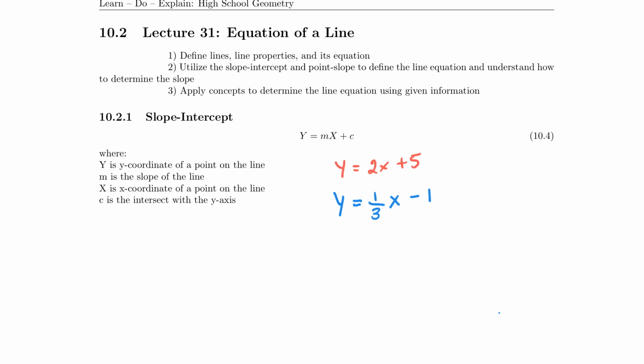Okay, so you may be asking, but why do I have y and x in my equation? Well, because let's say that we are given this equation, y equals 3x plus 2, right? Where 3 is the slope. Remember that the slope is the one that is multiplying the x coordinate, and plus 2 is the intercept of that line with the y-axis.